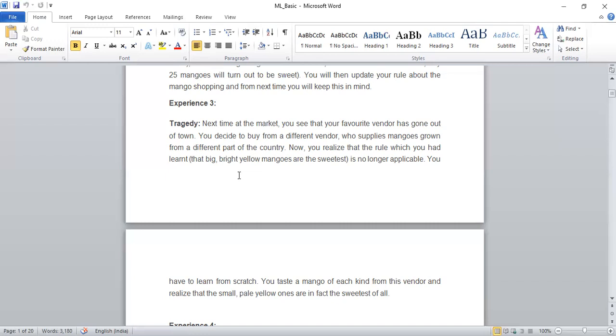You taste a mango of each kind from this vendor and realize that the small pale yellow ones are in fact the sweetest of all, because these belong to a different zone of your country. So now again your experience level gets increased.